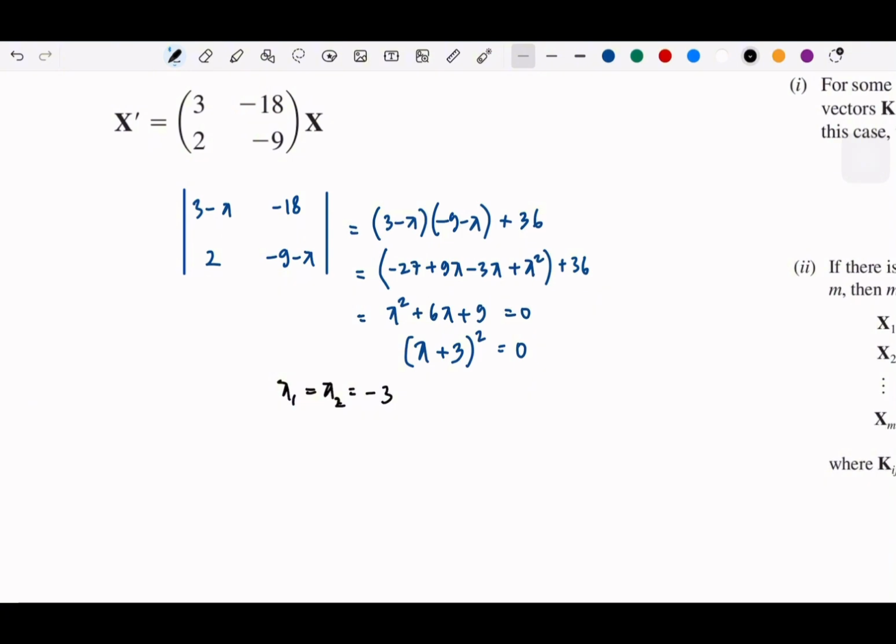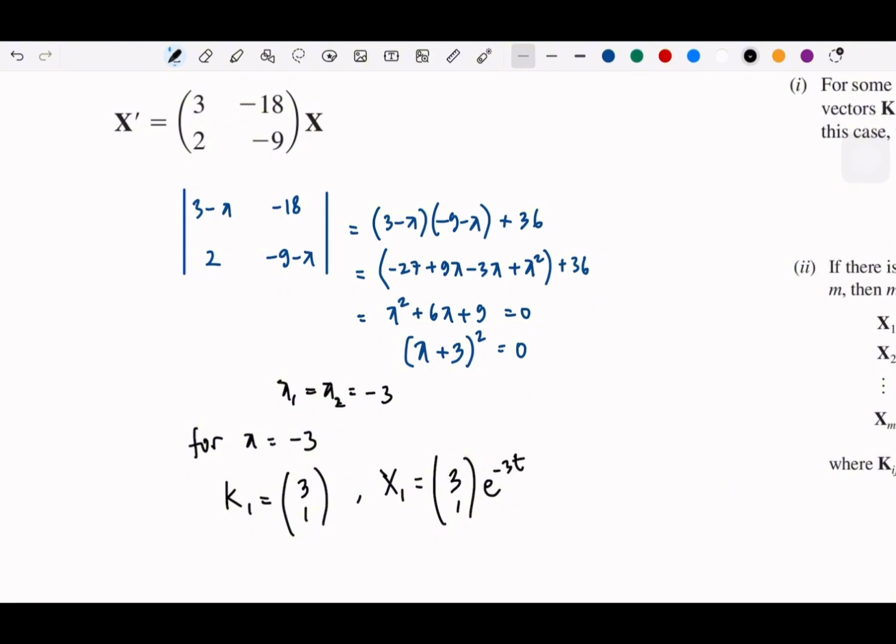And of course, for this value only, let me write for lambda equal -3, we might find a solution for eigenvectors. So let me write the eigenvectors directly. We would find that this will be (3, 1), so that we can find at least one solution for x1, which is (3, 1) e^(-3t).